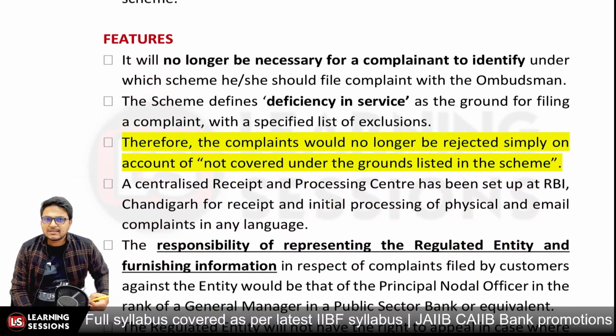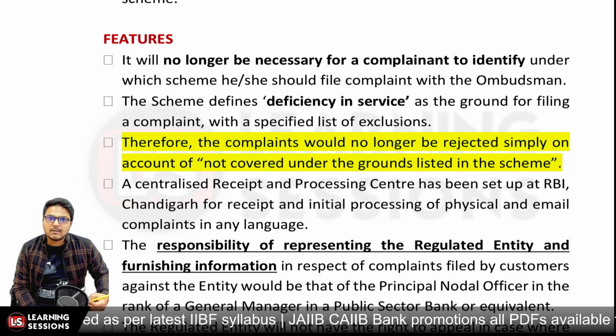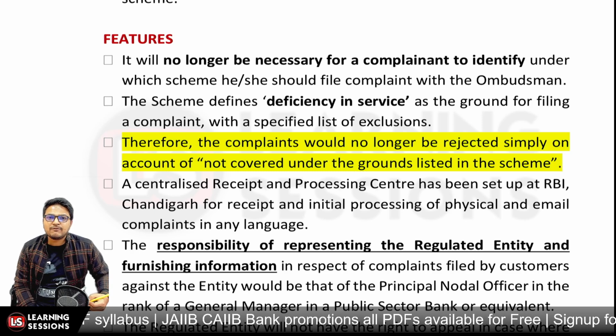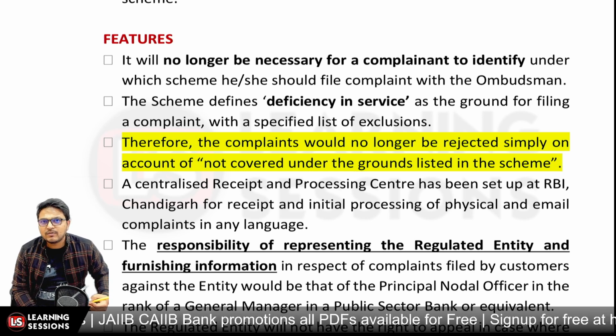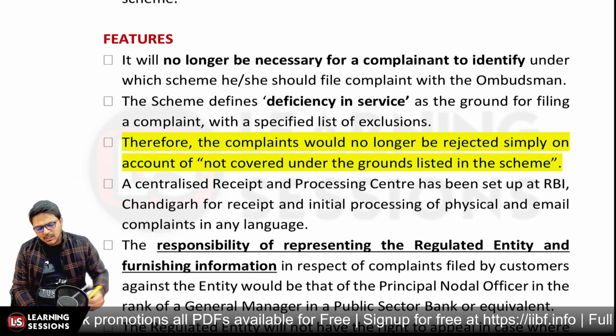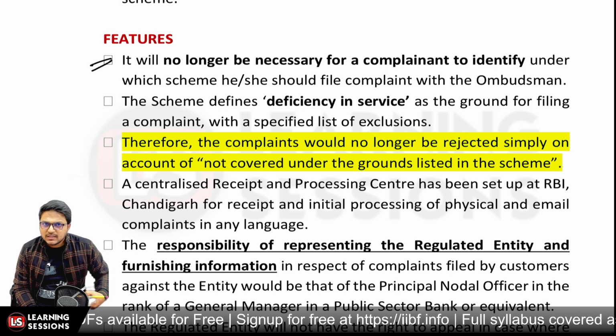Previously, a complainant had to identify the ombudsman. No longer is it necessary for a complainant to identify it under the scheme. You need not identify the jurisdiction; you can simply file the complaint there.